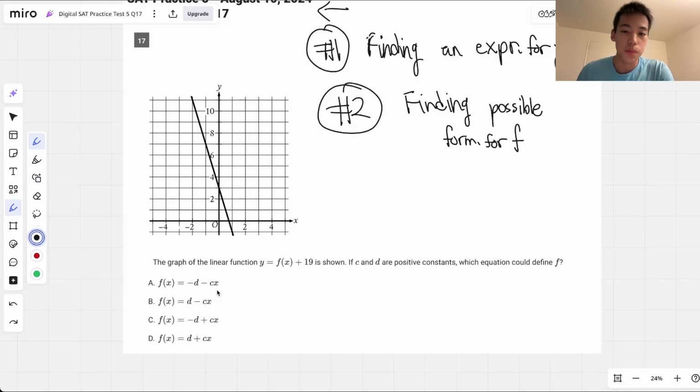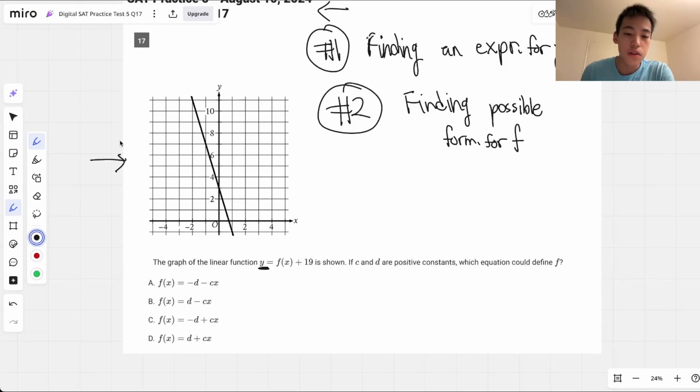Now let's tackle this problem using the second approach that I proposed. Now, while this may seem a little bit abstract, we're going to focus more on the properties of f. And we can see that because only one of the answer choices is right, only one possible form of f can match such that y is the graph of this above expression.